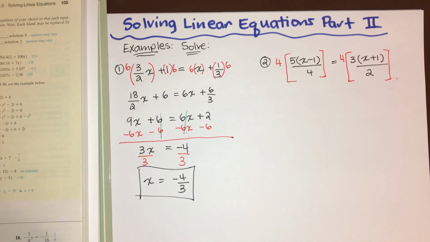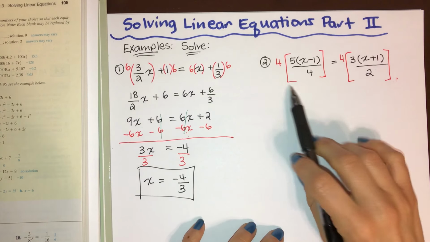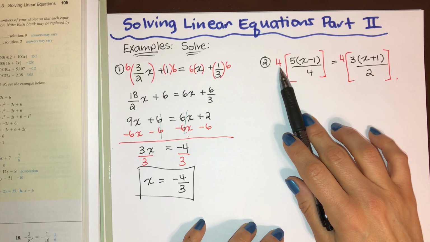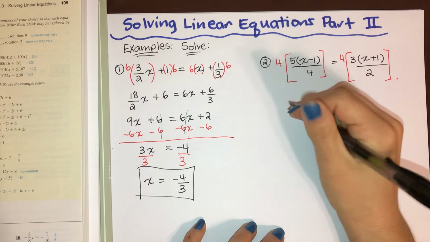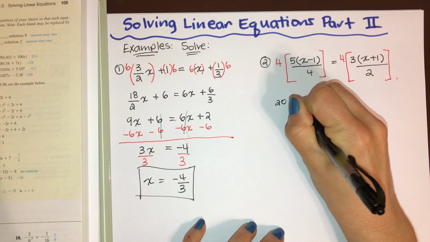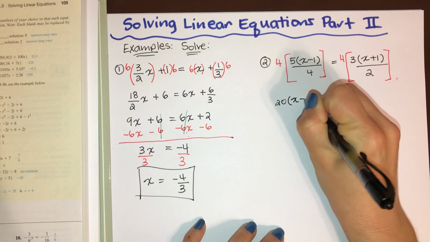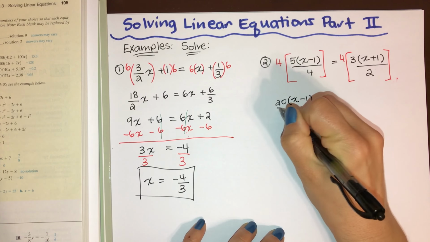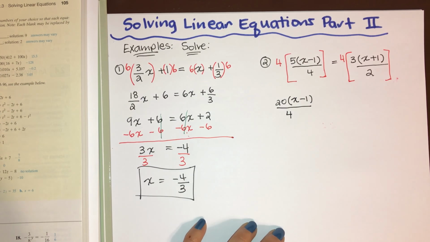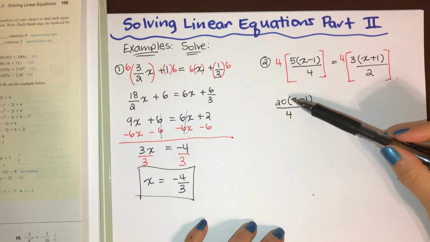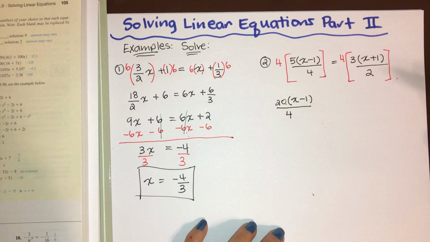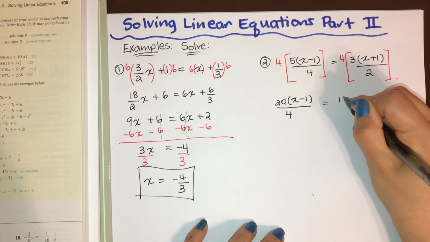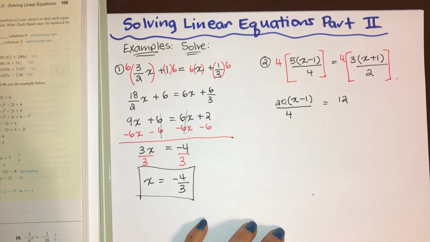So we could do that, or we can just again multiply, and when you multiply it's got to be 4 times 5, and then we would get 20. We do not change the part in the parentheses. And then in the next step, we would reduce 4 into 20 and make that into a 5. 4 times 3, 12.